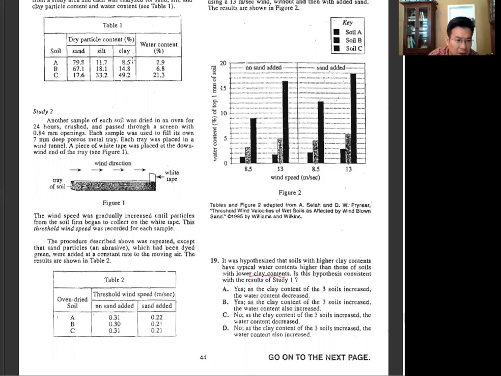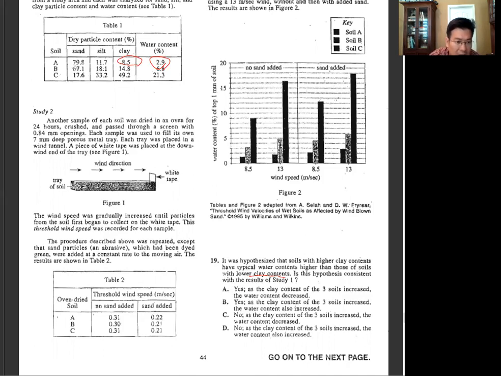Clay is right here, and then the typical water content is higher. So water content is 2.9 and clay is 8.5. If you compare that, it should be yes, because it is high.